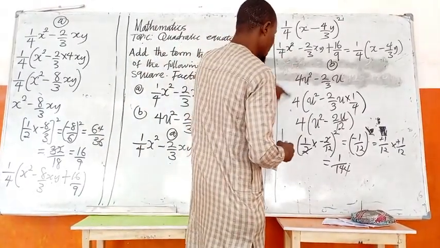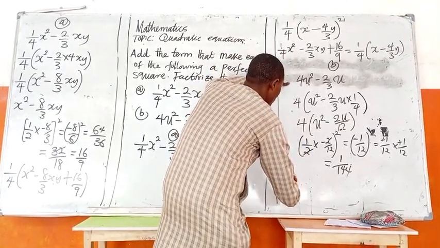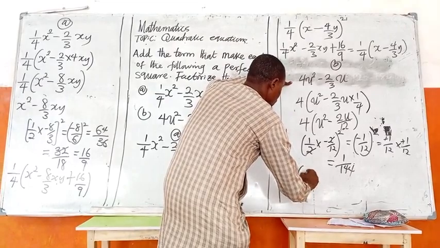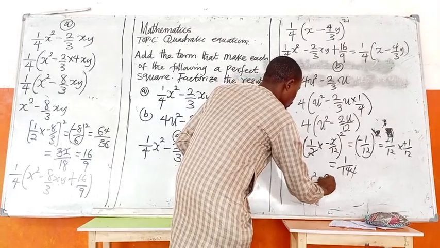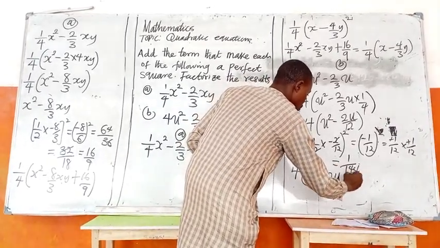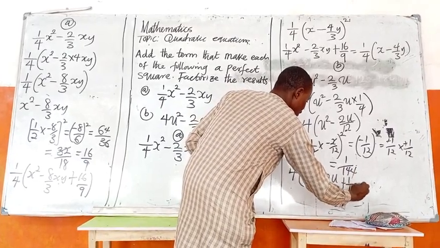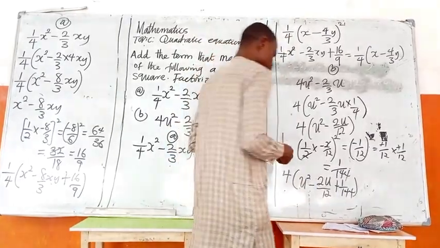Then I'll come back to this, where we have 4 open bracket u squared minus 2u all over 12 plus what can be added, 1 over 144. Then I have to find a way to factorize this.